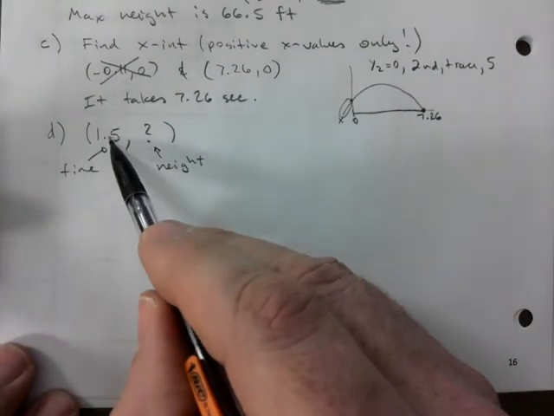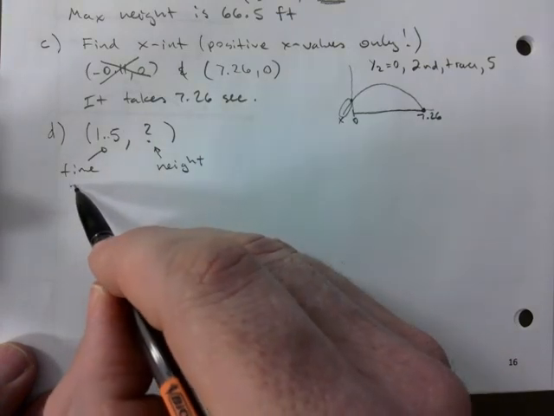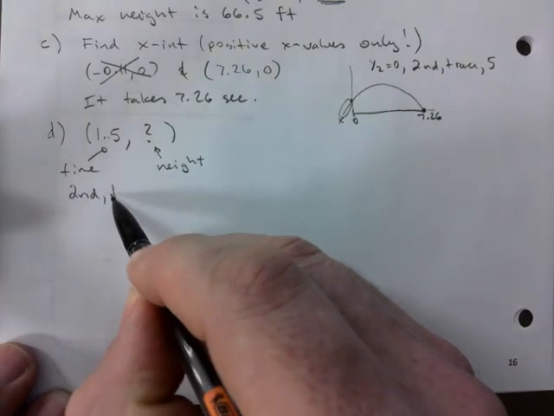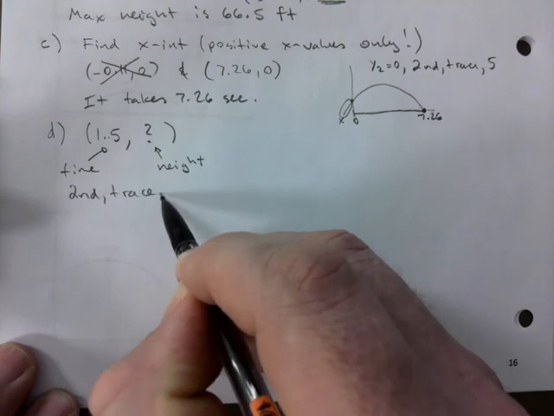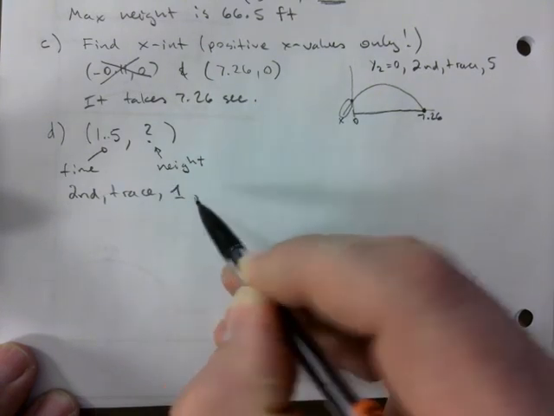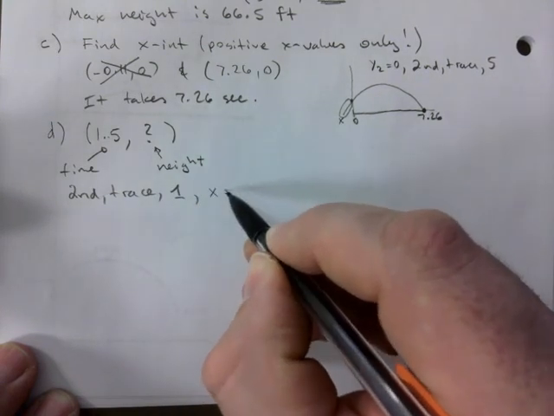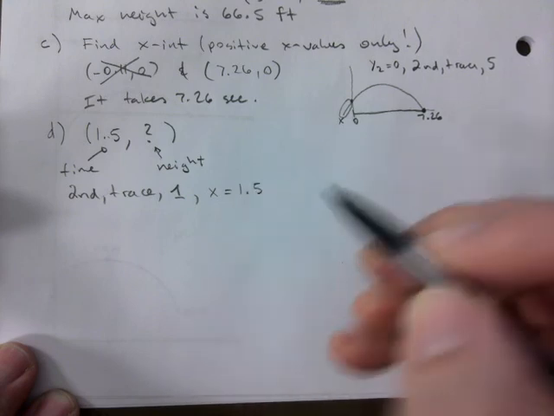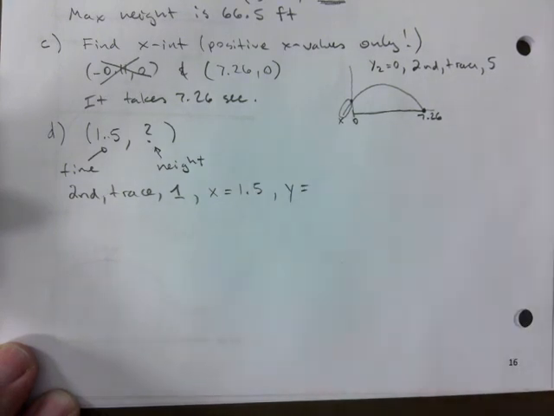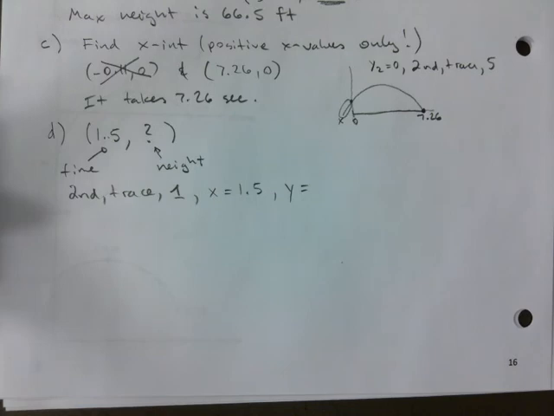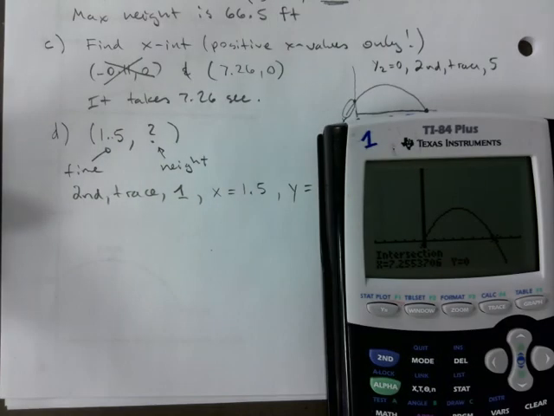So when you know the x value, you go second trace 1, x is equal to 1.5, and I will figure out what y is at that point. Second trace 1, 1.5 is my time.